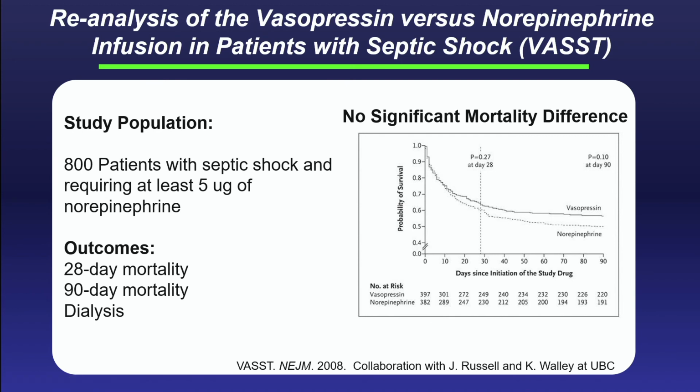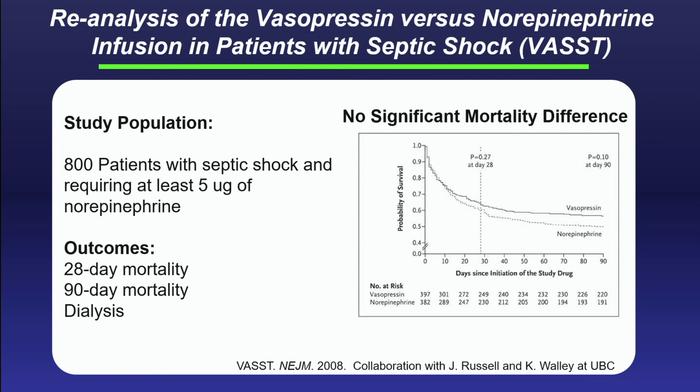So this then informed another large randomized controlled trial that looked again at this same combination, randomizing one patient group to norepinephrine versus another one to norepinephrine plus vasopressin. The big difference in this second trial was looking specifically at kidney failure-free days. And unfortunately, they again found a negative study, so they found no difference in their primary outcome. But in their secondary outcome, vasopressin may be associated with less need for dialysis. This was published in JAMA in 2017. And so what we did was we went back and worked with investigators who worked on the VASST study.